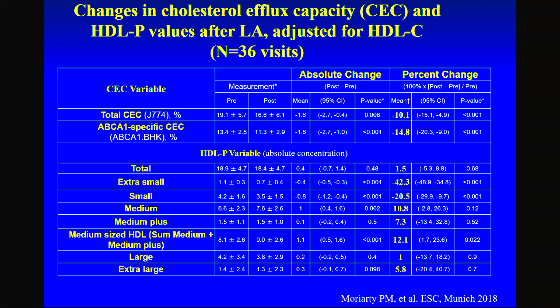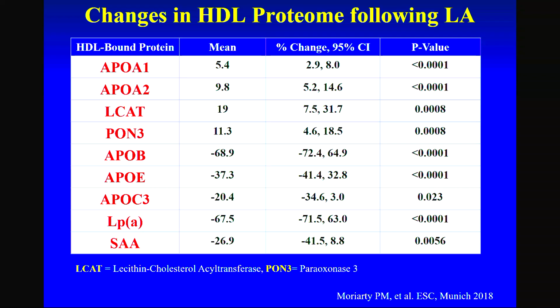And with apheresis, we reduce it by 10 to 18%. And then we look at the HDL. We actually reduce small dense HDL, which is not really very good HDL, and we increase large, buoyant HDL. Additionally, look at what we remove from HDL. We increase the ApoA1, we increase the ApoA2, LCAT is increased on HDL, PON3 is increased, where ApoB is bound to HDL.